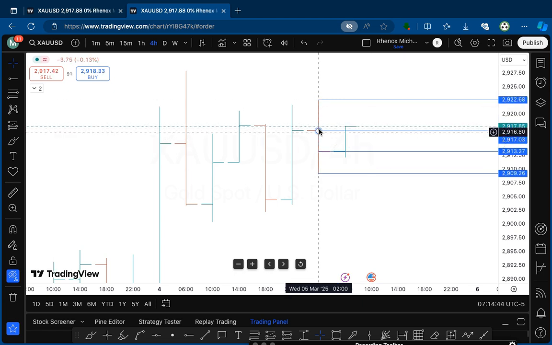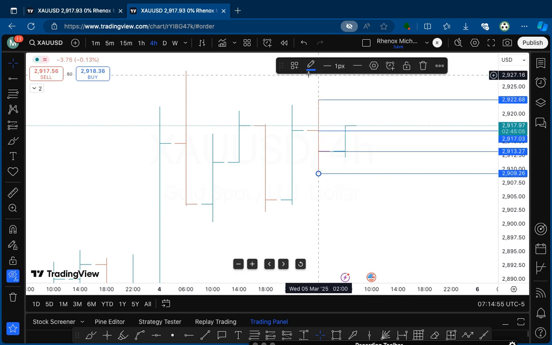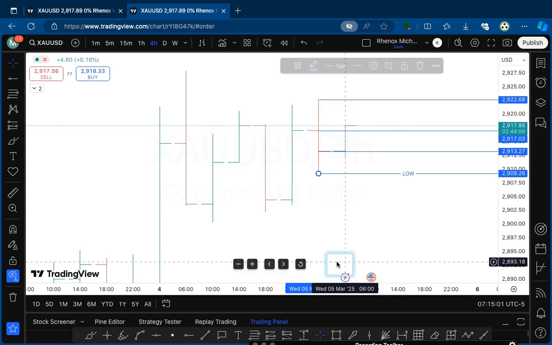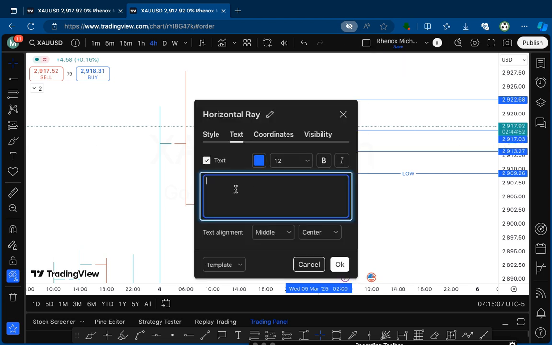Price went all the way up here, came back down, rejected, came all the way down here, and then rejected and closed inside again. So we label that the low of the bar. Then we label this the close of the bar.